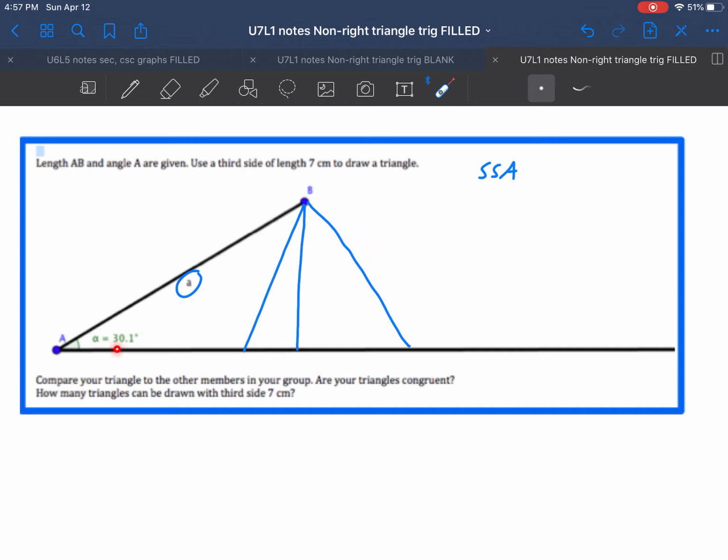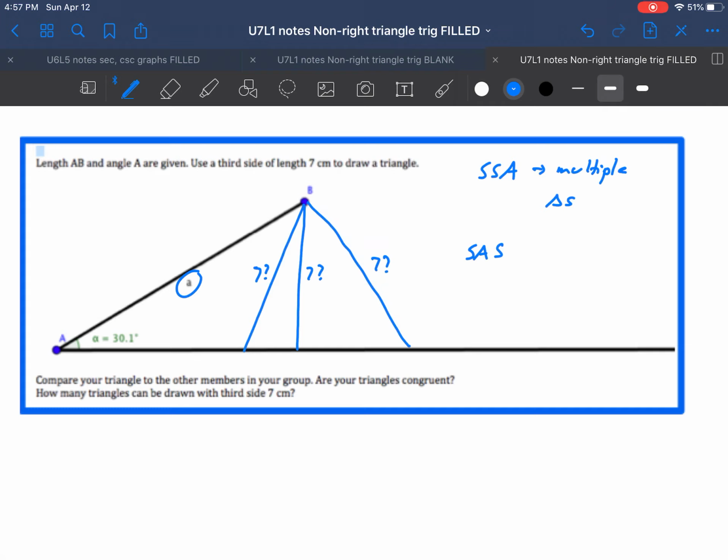The thing is, we can't put that side here, because if we put that there, it's just a single case. It's SAS. So I think this is getting you to think about certain possibilities. If it's SSA, and I should write on this, the 7's here, you could have multiple triangles.